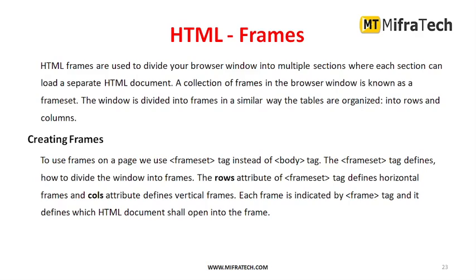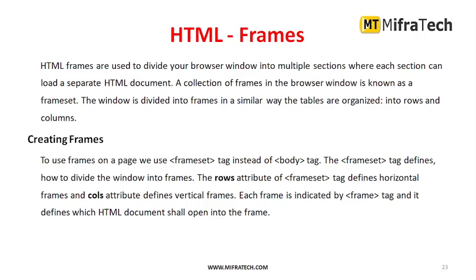Here are the frames. In any website you can see it displayed part by part, so there the frames have been created. Let's see how to create frames. To use frames on a page, we use the frameset tag instead of the body tag.